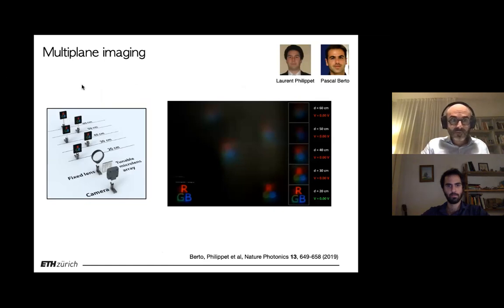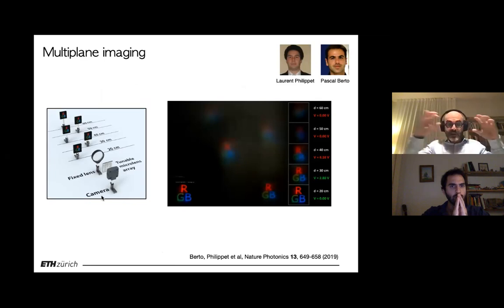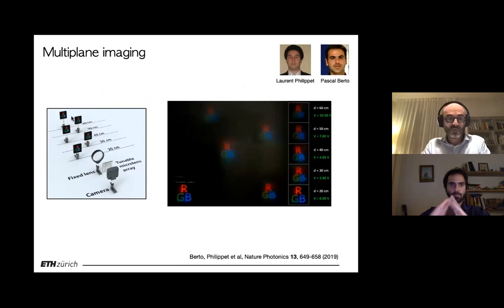One of the last things I wanted to show you on this topic is that by having an array of these pixels and being able to operate each of these pixels separately, we can do multiplane imaging. What you have here is a super simple experiment, because you have basically this smart lens that is coupled to an offset lens here. There's a camera.